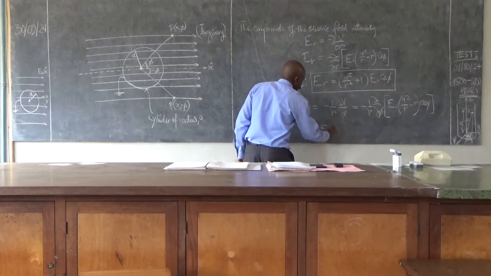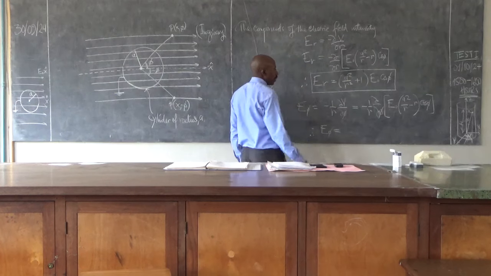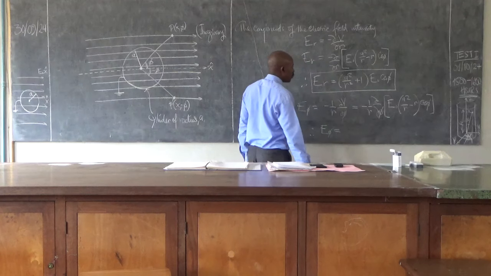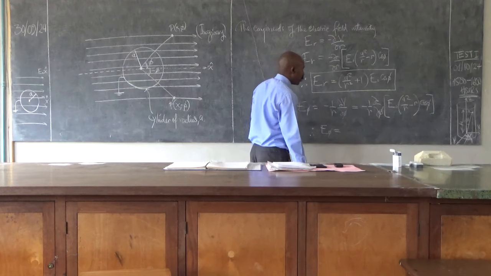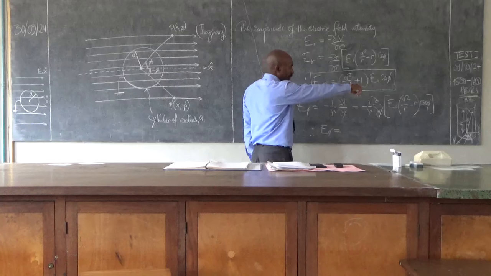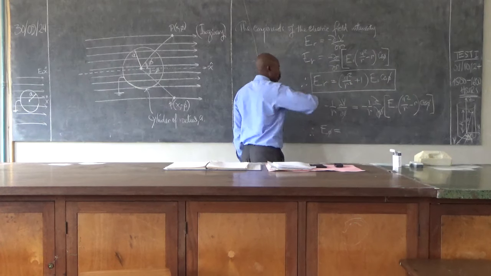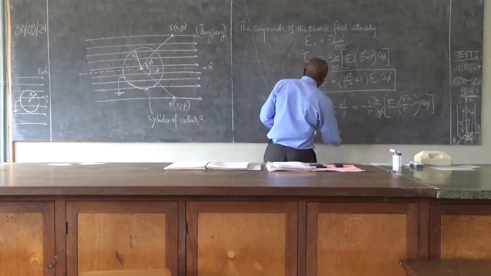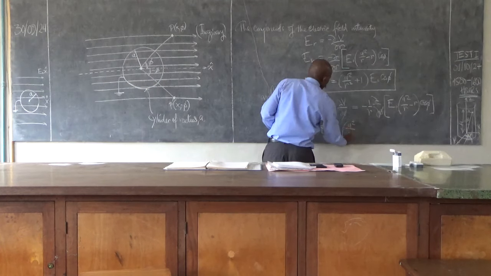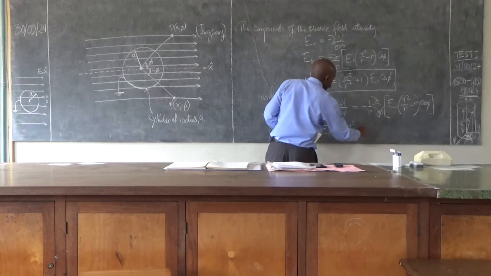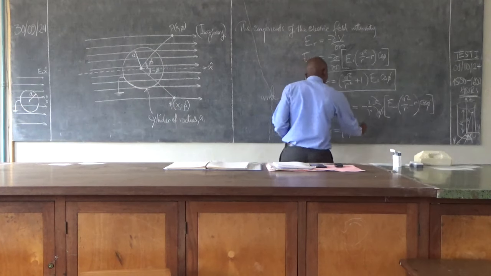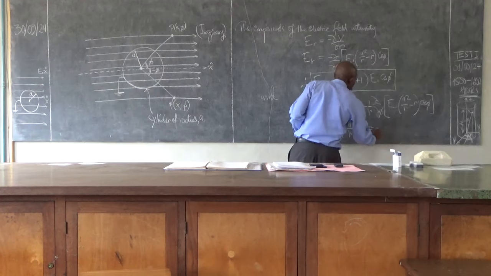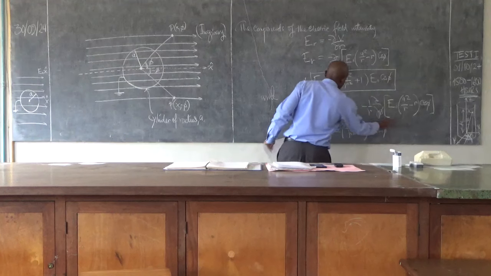You can push the R inside, so after we have differentiated, this gives us minus sine phi, and we multiply by 1 over R, so that we get A squared over R squared, the other one becomes minus 1, then E naught sine phi.